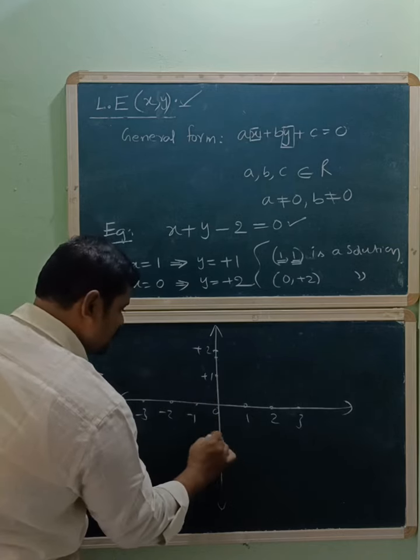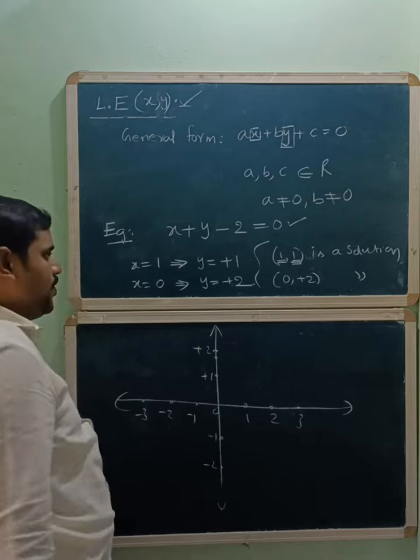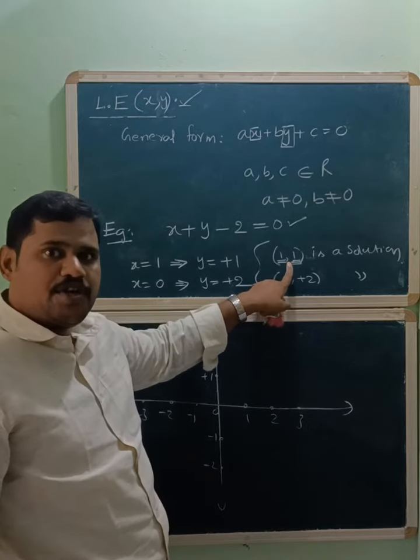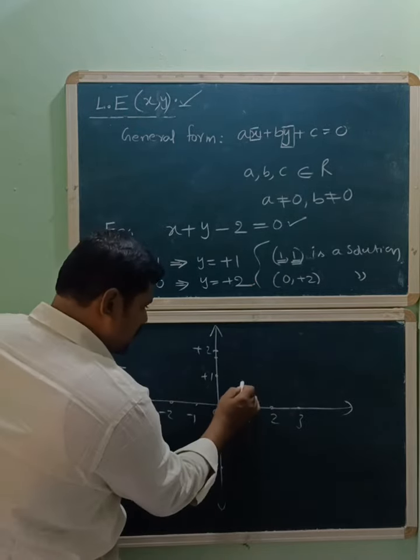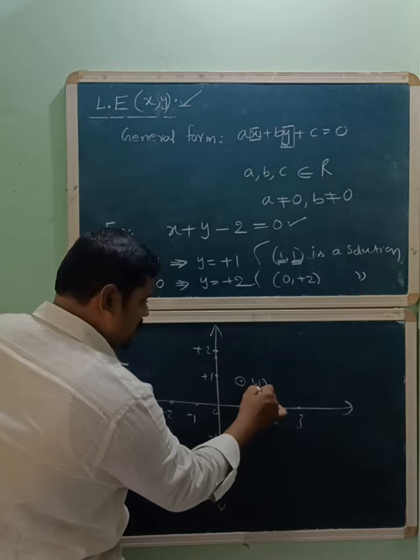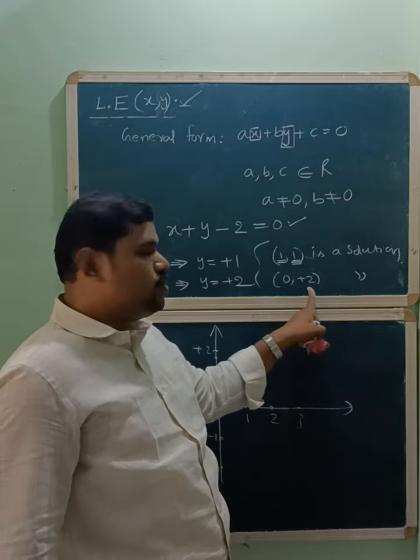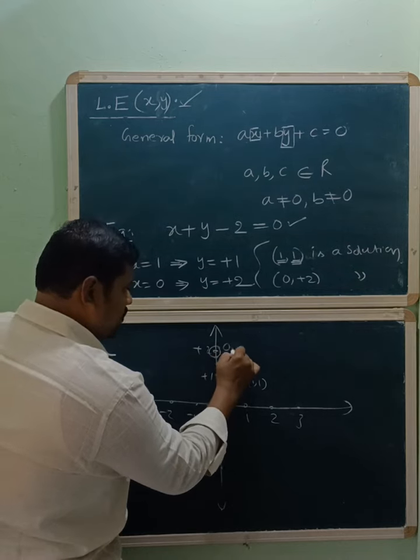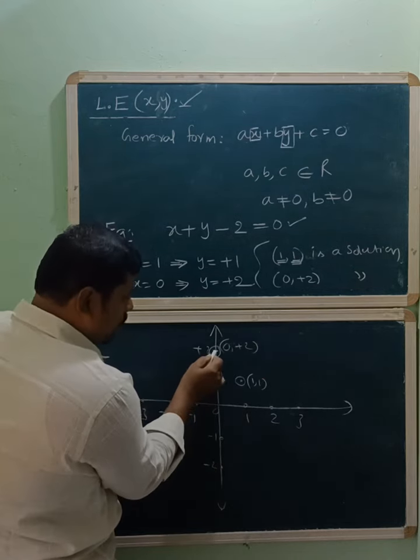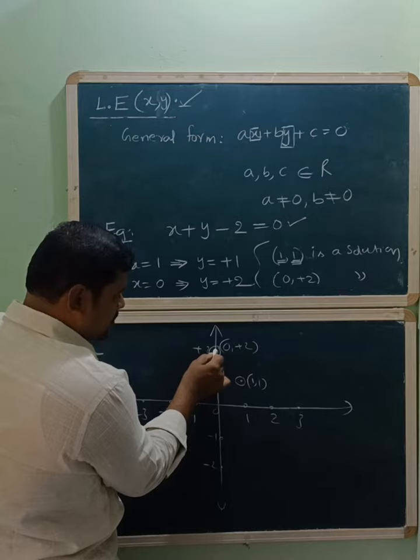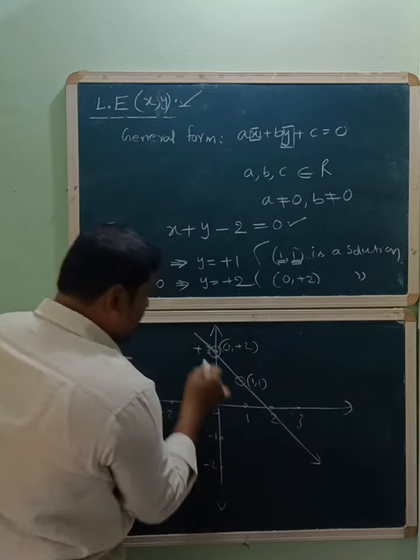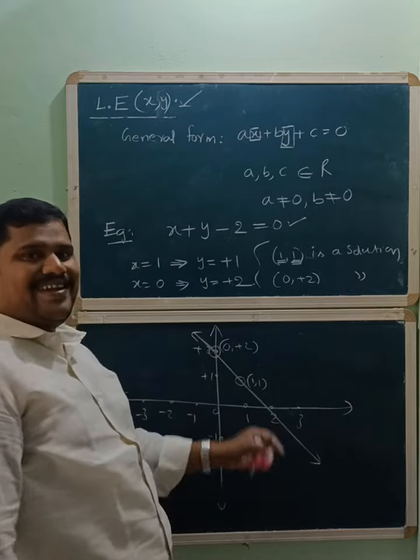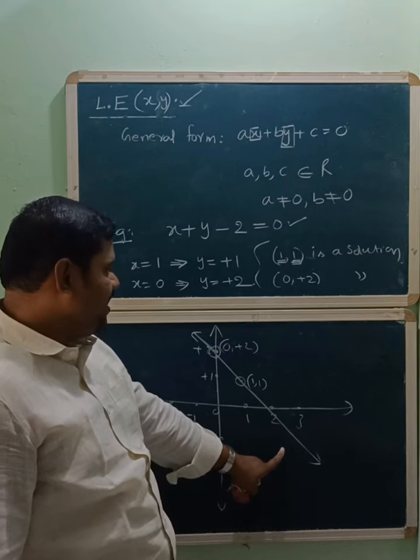Now here (1, 1) is one of the solutions. The next one is (0, plus 2). Now we can join these two points with a line. What do we get? This is a straight line.